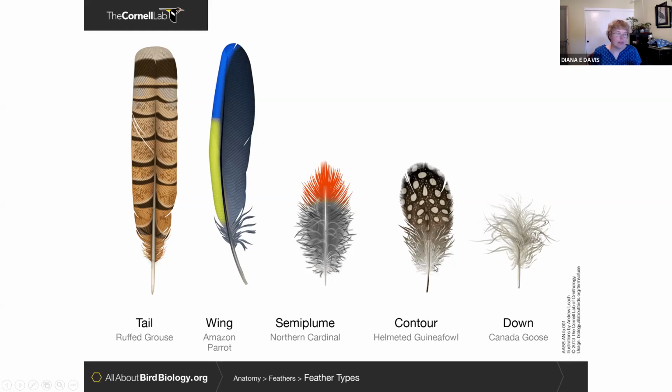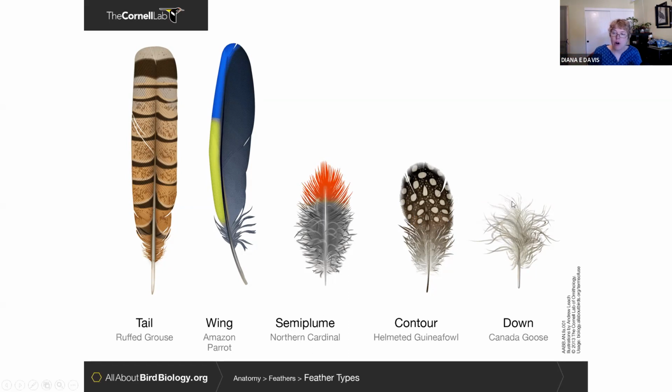The contour feathers are the feathers on the surface of the bird. So they're the feathers that you see here on Sassy's body. This part that's loose is underneath the organized part of the next feather. So the feathers kind of stack on top of each other with that loose fuzzy part close to the body. It's part of the insulation system.